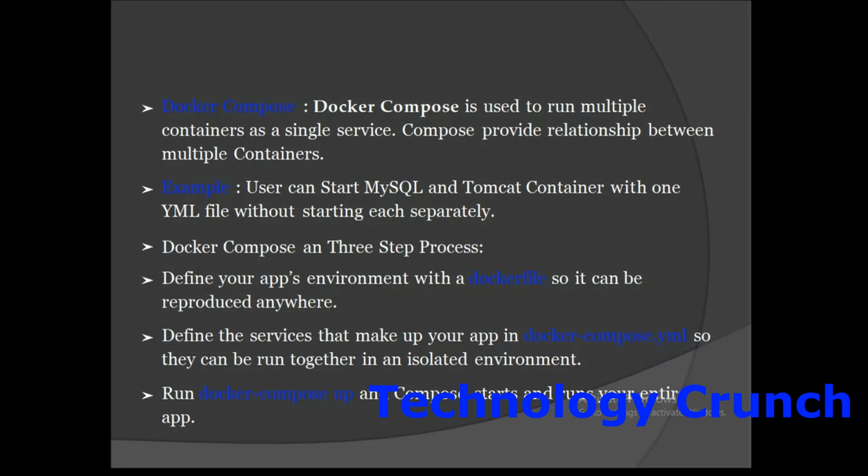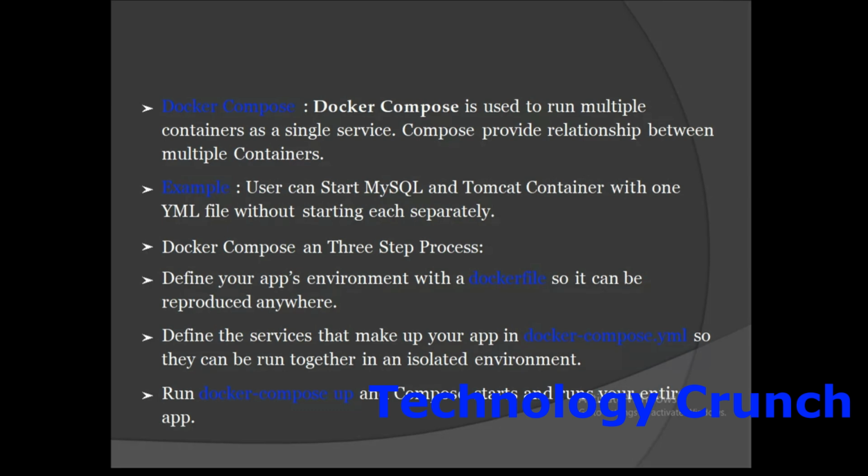In Docker Compose, firstly you need to install Docker Compose. When you install the Docker engine, you additionally need to install the Docker Compose binaries. After that, you can use the Docker Compose feature. Suppose you have installed the Docker Compose binary on your Docker host machine.